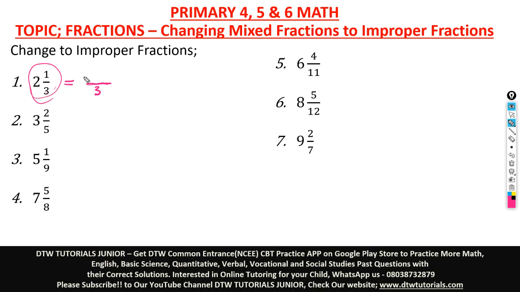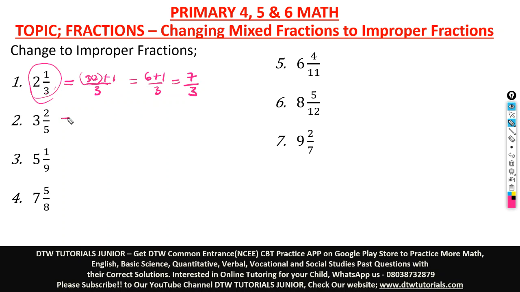What is 3 times 2? That is 6, right? Then you add 6 to 1, and that will give you 7. Do you see that? You do 3 times 2, then plus 1. So that would be 6 plus 1 over 3, which would be what? 7 over 3. Do you see that?